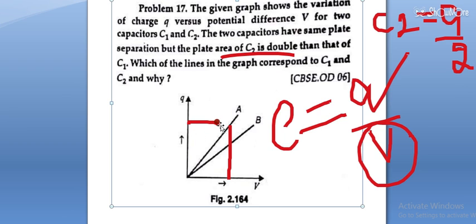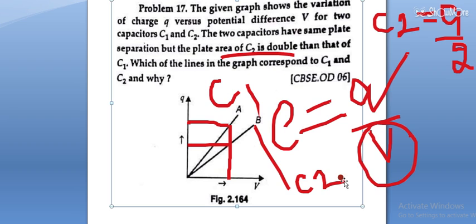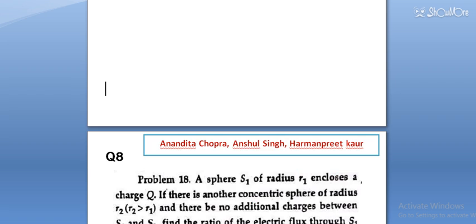B is more because the charge on it is more. So that means A is representing C1 and B is representing C2. So students, line A is representing C1 and line B is representing C2. I hope the question is clear to you. Moving to the next question.